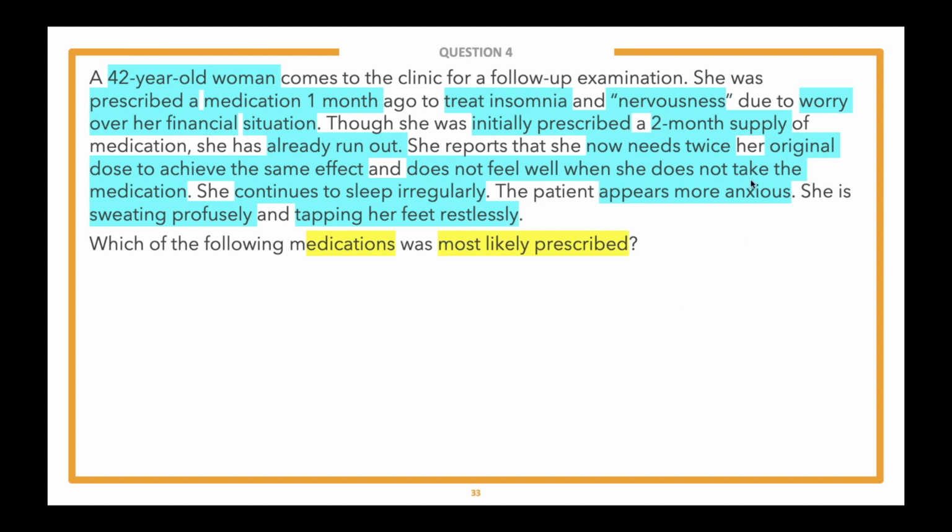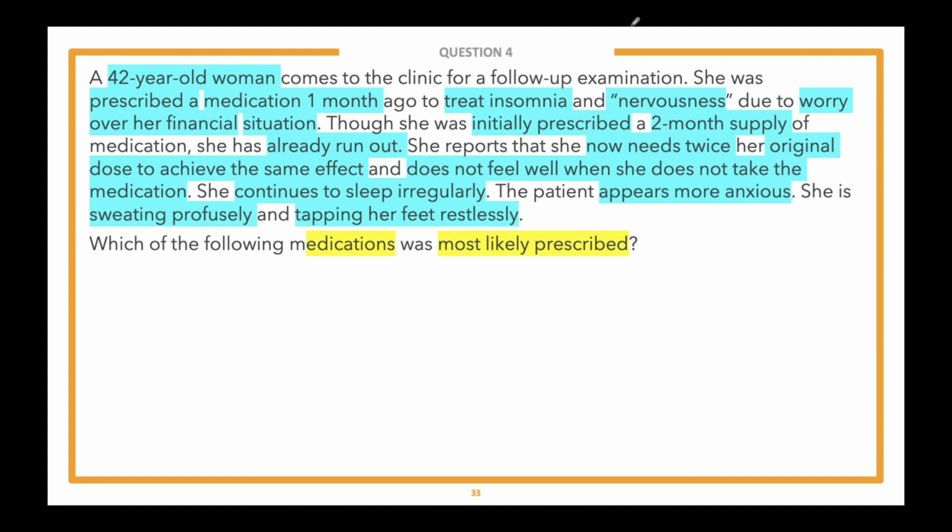They do give us some physical exam findings at the end as well, so important to take note of those. A lot of times they'll say physical exam findings demonstrate, but here they just tell us that she is sweating profusely and tapping her feet restlessly. So those are subtly physical exam findings.